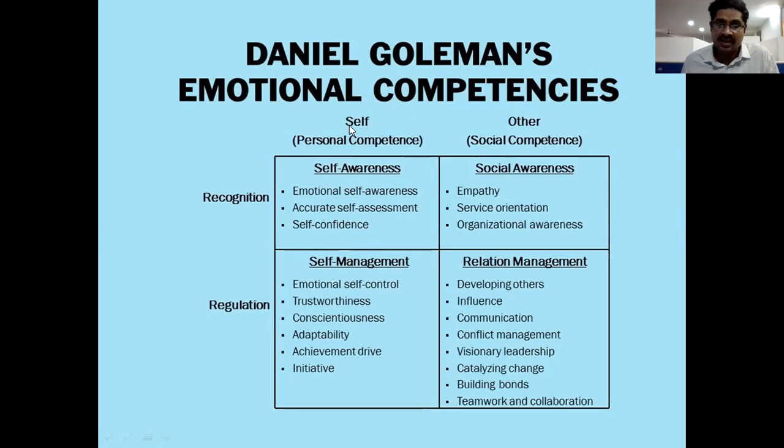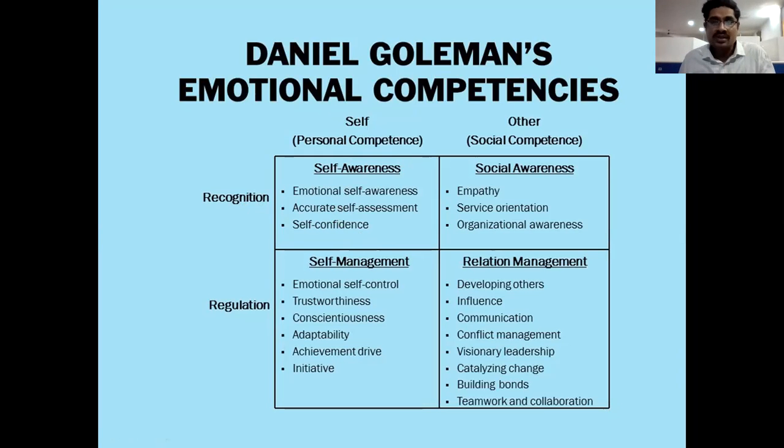Coming to the first thing, self skills or personal competencies. Simply, personal skills recognition. What skills do we already have, and what skills do we need to develop? Here we need to concentrate on two things: what skills we have and what skills we need to develop.